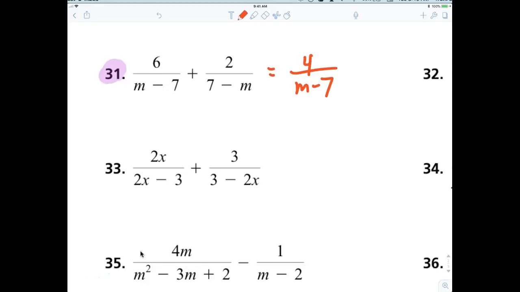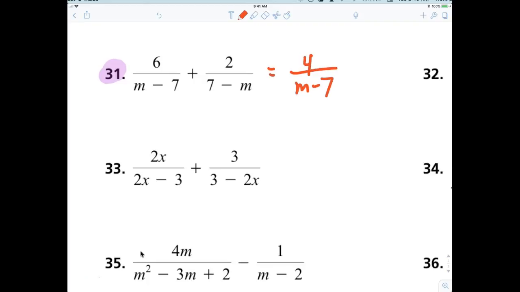Do you remember what we said about m minus 7 and 7 minus m? They're almost the same. They're off by a factor of -1. Is anybody with me on that? So what I'm essentially doing, let me just write it all out, and then you won't have to do this anymore. If you're paying attention, you don't have to go through all these steps. You just have to listen to me.